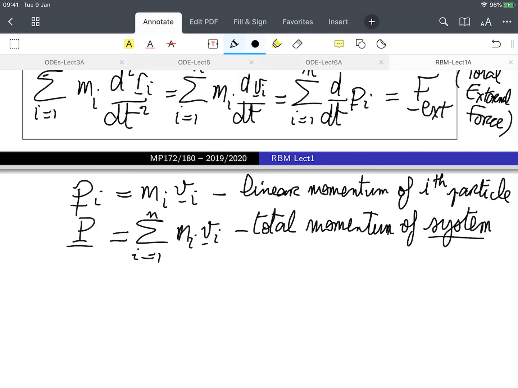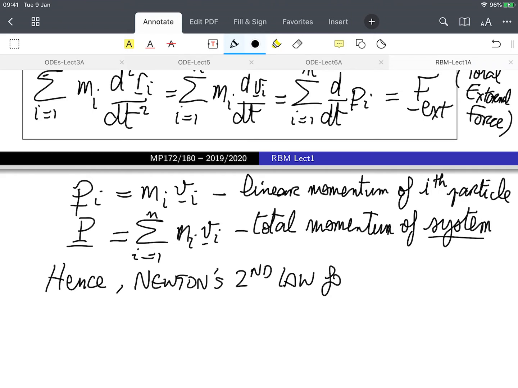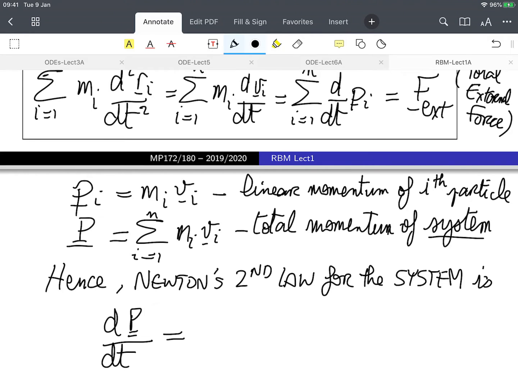If I write this, hence Newton's second law is dP/dt equals F external.